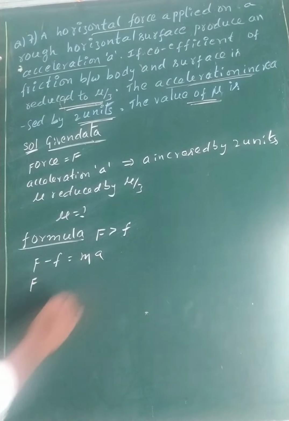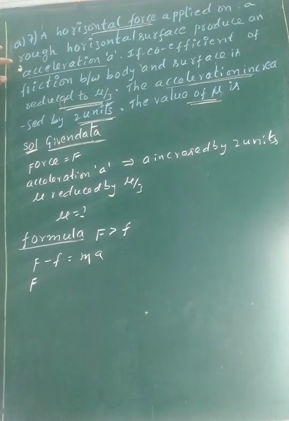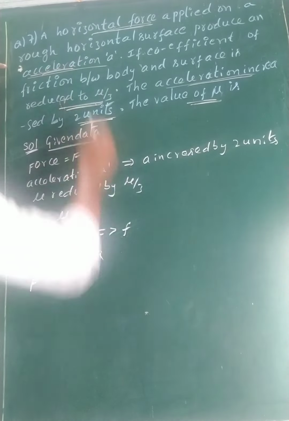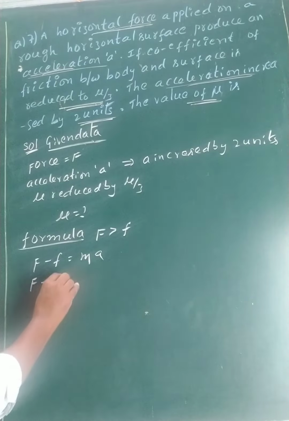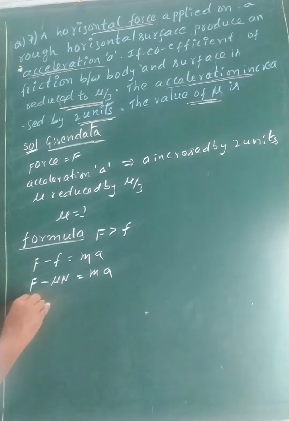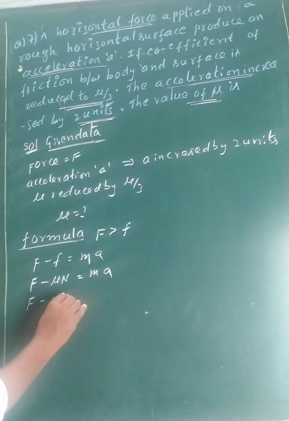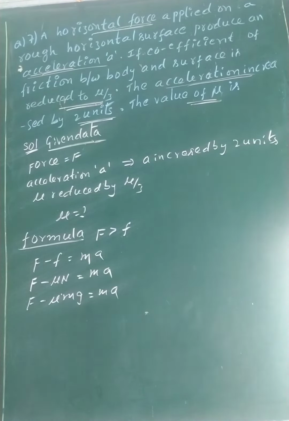Applied force is F only, acceleration A, and coefficient of friction is mu. F minus mu into N is equal to ma. We can write F minus mu mg equal to mass and acceleration. So this is equation 1.